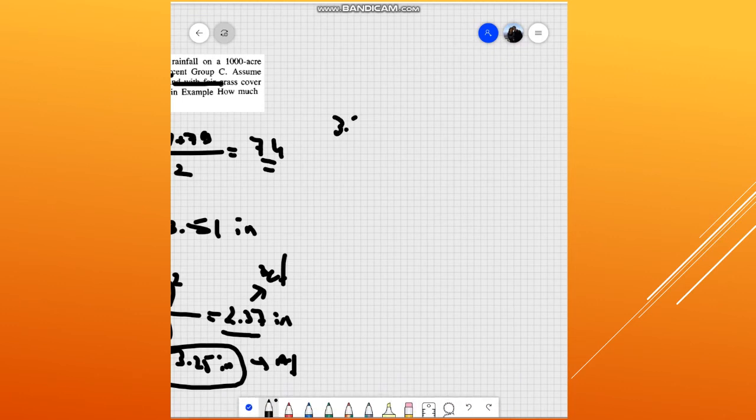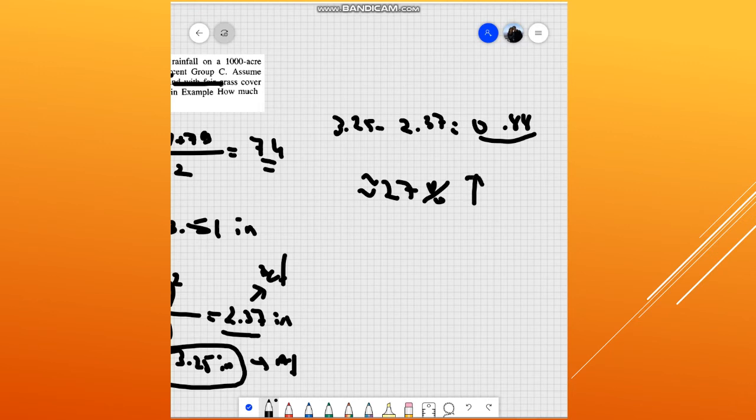So 3.25 inch minus 2.37 is 0.88 inch of additional runoff after urbanization, which is almost a 27% increase in runoff.